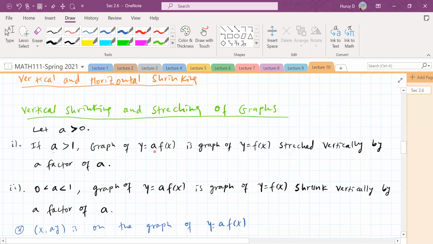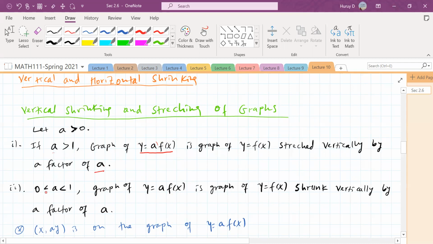the graph of y equals a times f of x. Now we are multiplying it by a constant a. It is the graph of y equals f of x stretched vertically by a factor of a. Okay, so if you multiply this function by a, then the graph of this function will be the original graph stretched vertically by a factor a.